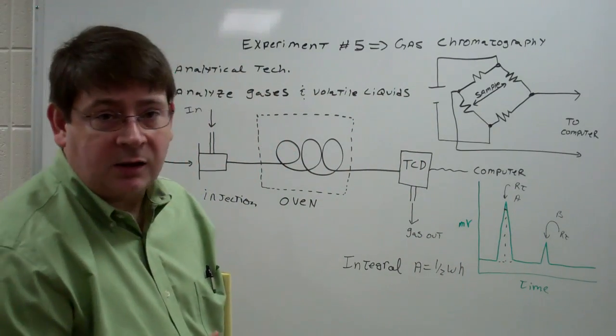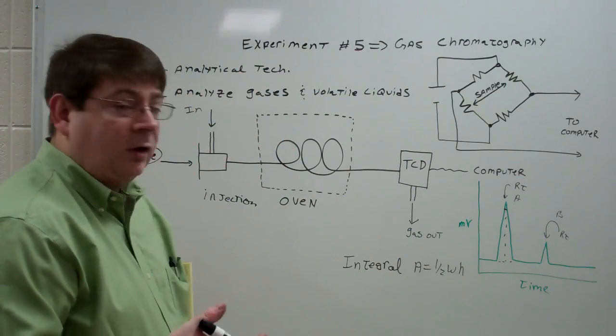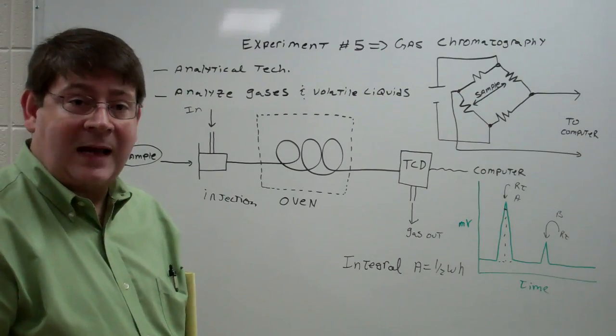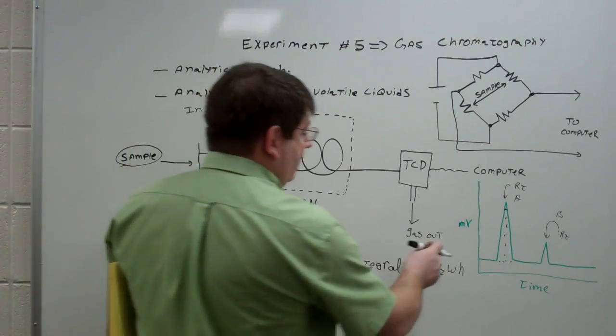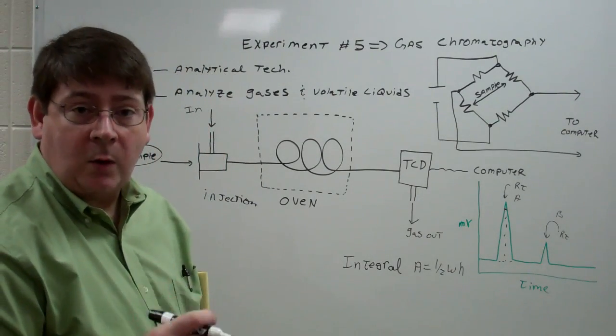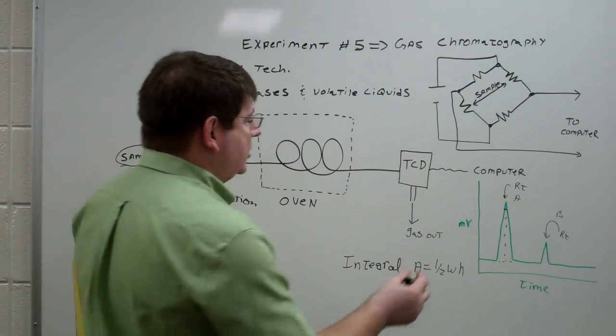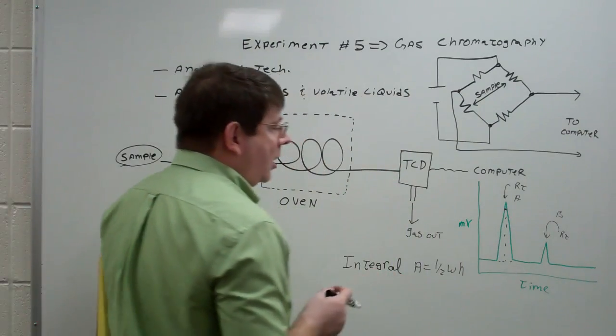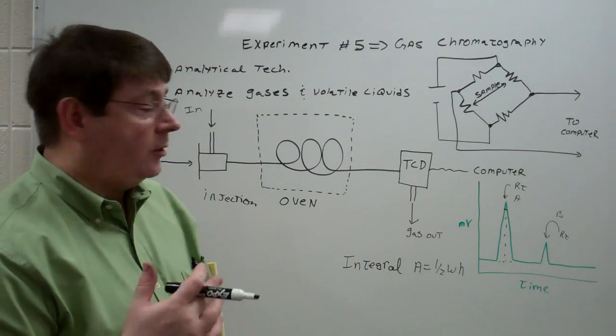And you'll recall from calculus, if you've had calculus, that an integral is nothing more than the area under the curve. And the area underneath this peak is proportional to the amount of that component. So if A is twice as large as B, then you know that there's twice as much A as there is B in the mixture.